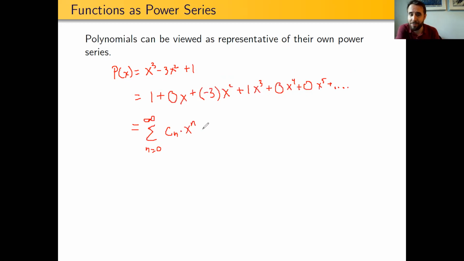So this is a power series centered at 0, and we have that c sub n takes on the following terms. c sub n is equal to 1 if n is equal to 0 or 3, right? That is the 1 here and the 1x cubed. We have that c sub n is equal to negative 3 if n is equal to 2. And we have that c sub n is equal to 0 otherwise.